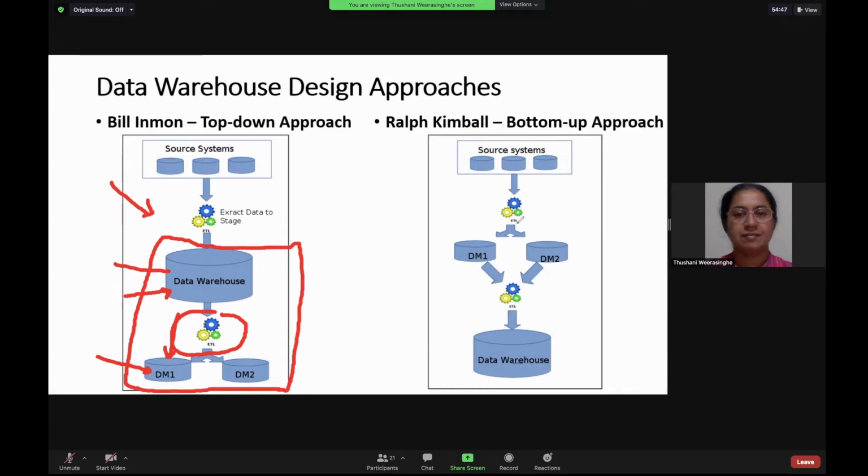If you think about the bottom-up approach, the data warehouse should be on the bottom, and from the bottom you can see that data marts are placed on the top. In this approach, you have to collect the data to the data marts first. Earlier I said that you will be getting data from different departments and saving it in data marts.